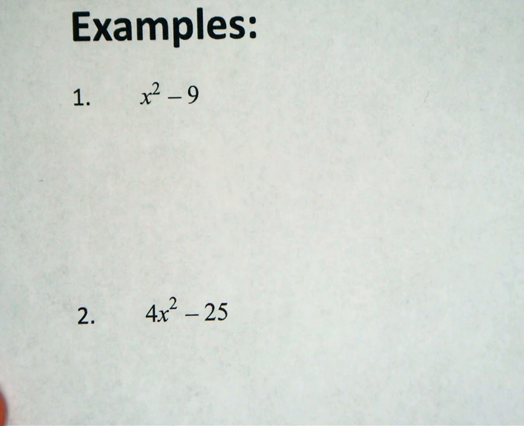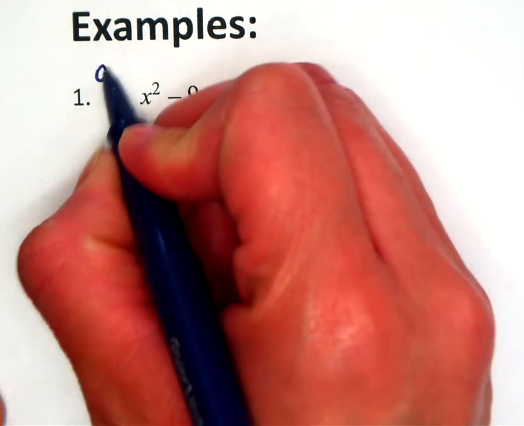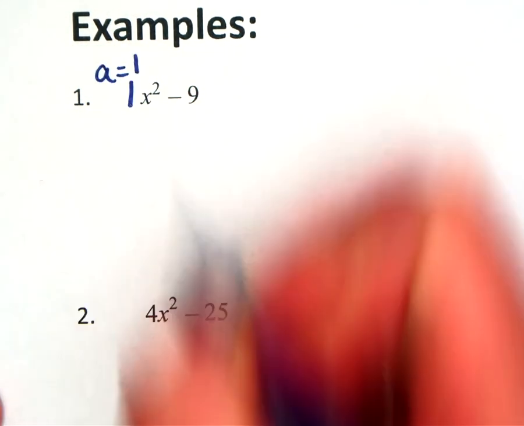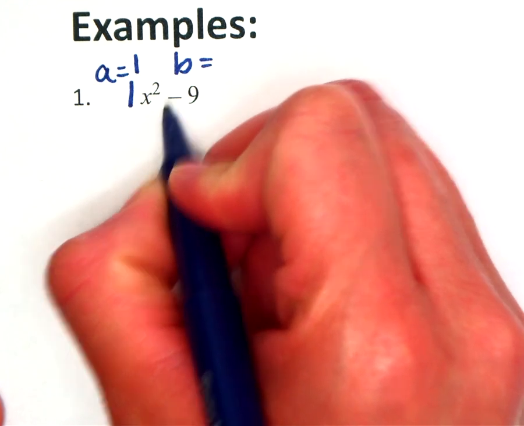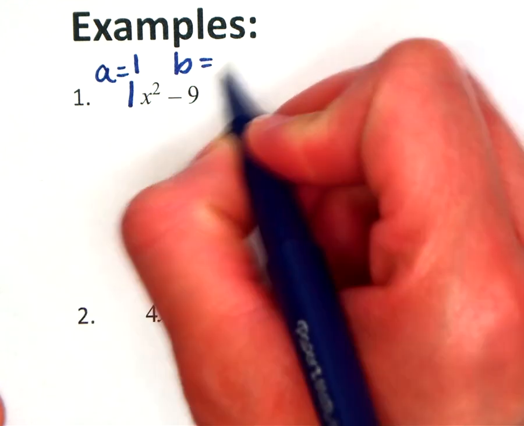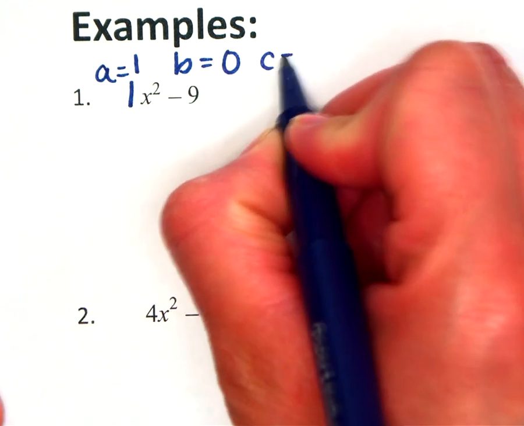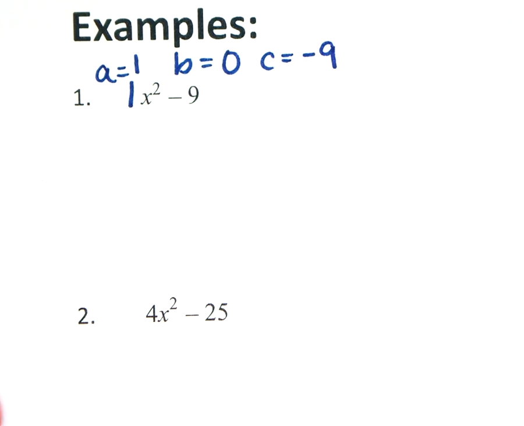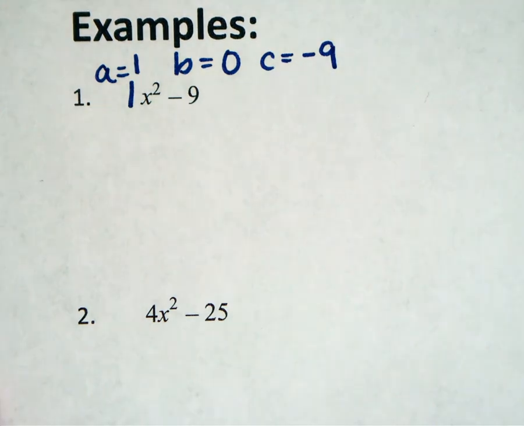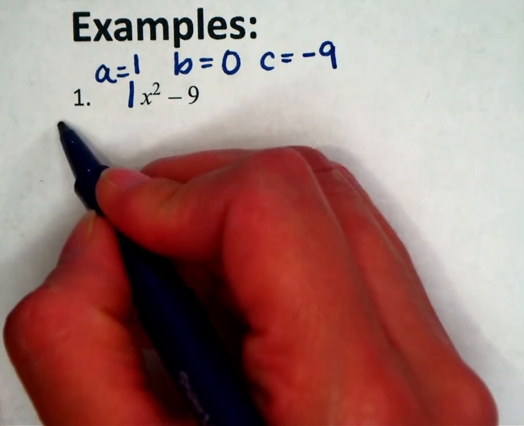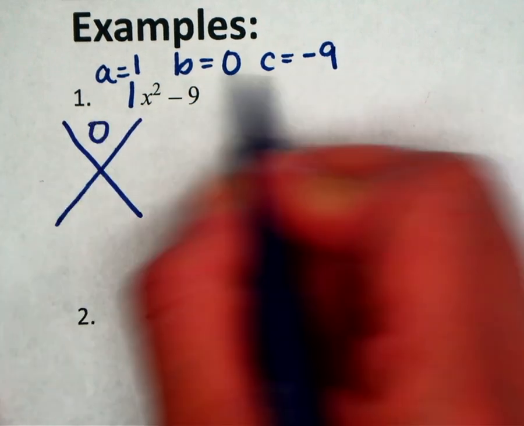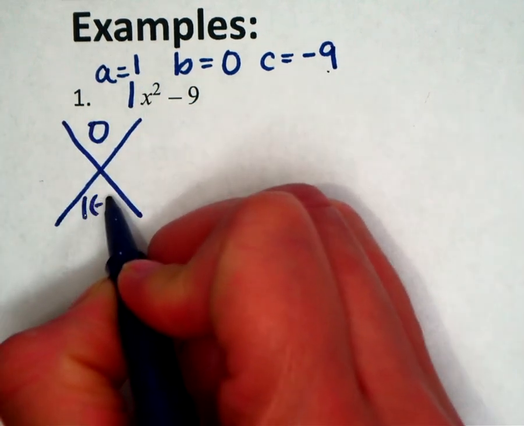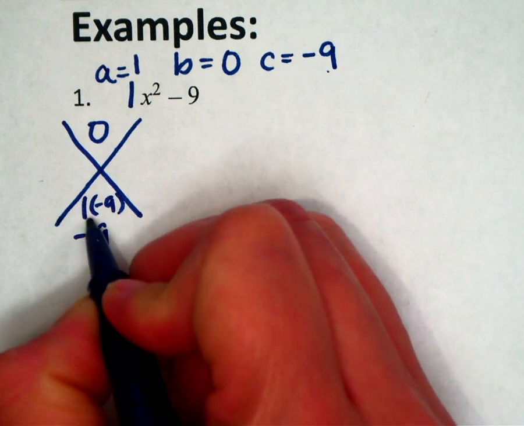So here, in this case, what you're going to notice is that A is 1, B is not -9. B would be the middle term with X, so B is 0 here, and C is -9. So when I look at this, I draw my X, B goes at the top, 0 goes at the top, A times C goes at the bottom, 1 times -9, which is -9.